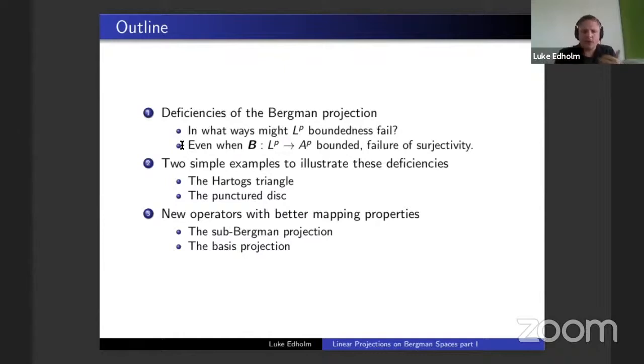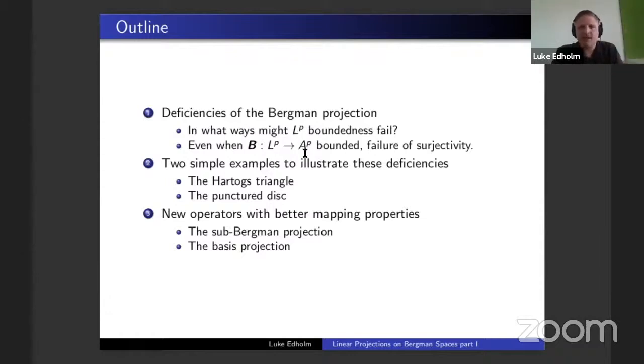We'll also look at this other question: even if the Bergman projection is bounded from LP to AP, sometimes it's not even surjective onto AP. There's some kind of a null space. There's a certain subspace of AP that gets mapped to zero.